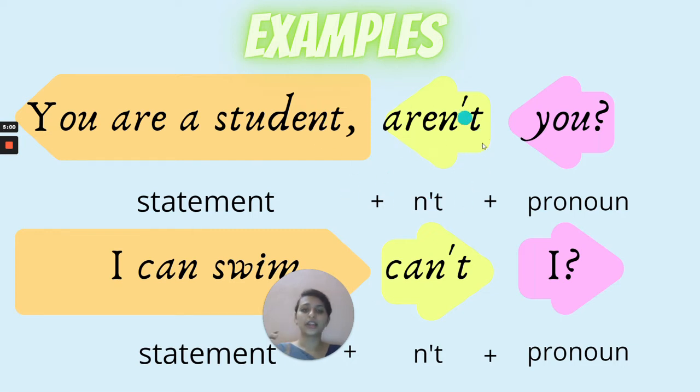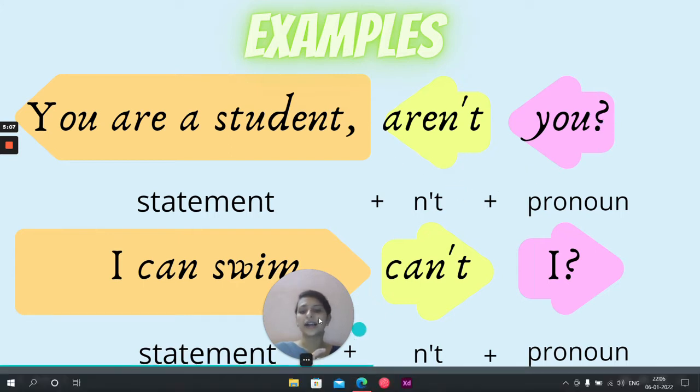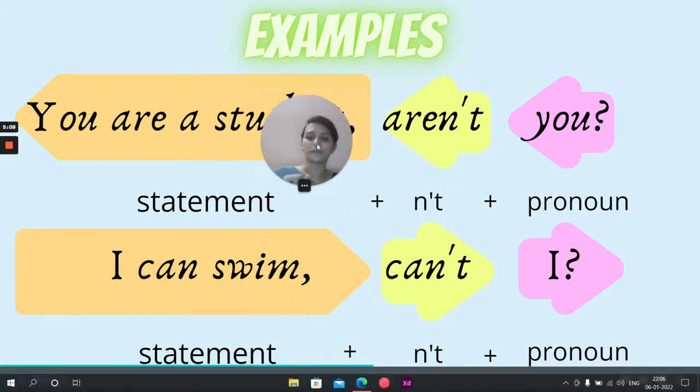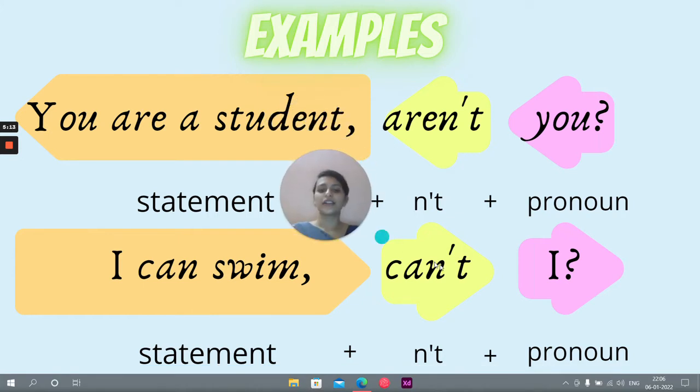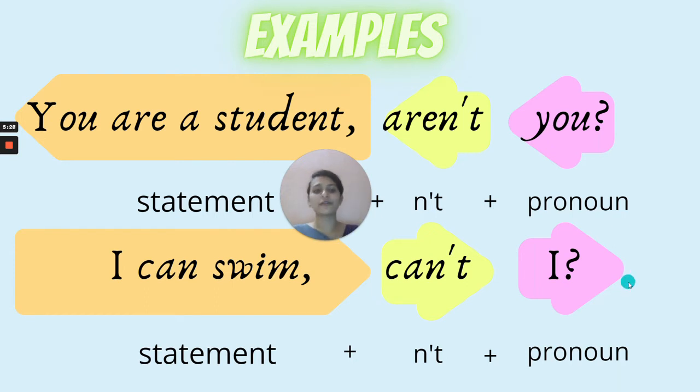That is the statement plus the word with n apostrophe t, which is aren't, plus the pronoun you. Next example, I can swim. I can swim is a statement, plus you have can't, which is the word with the n apostrophe t. And finally you have the pronoun I. So how will you form it? Statement, n apostrophe t word, plus I.